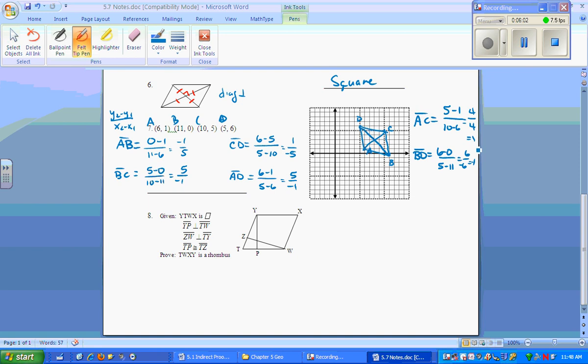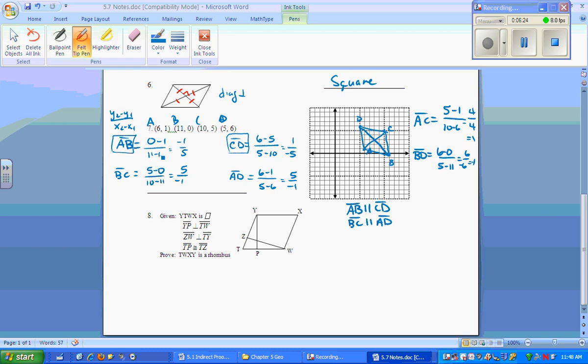Okay. So what did we learn? Well, we learned that AB is parallel to CD. We also learned that BC is parallel to AD. So we know we at least have a parallelogram.